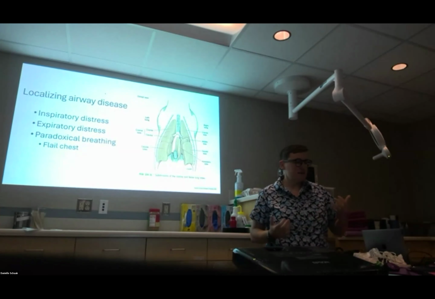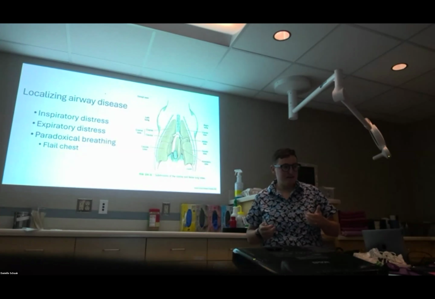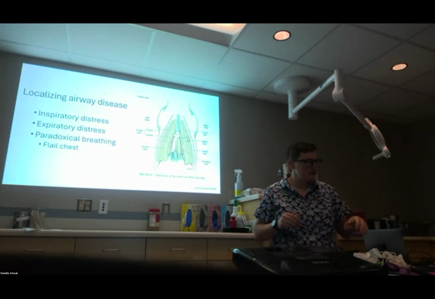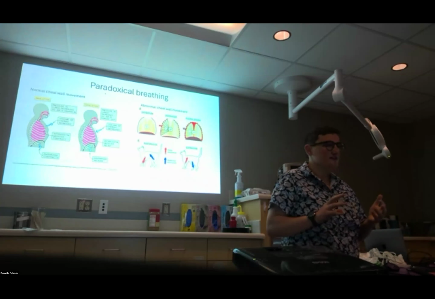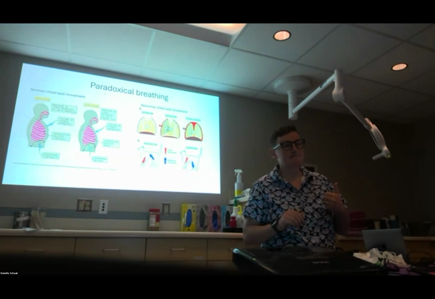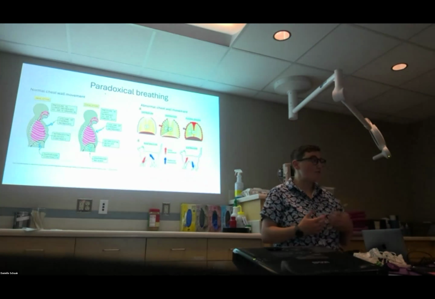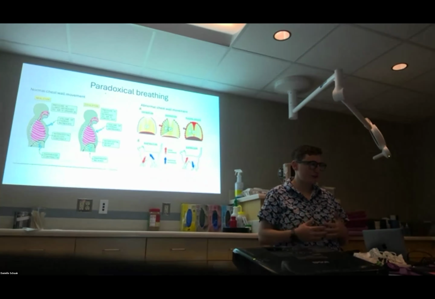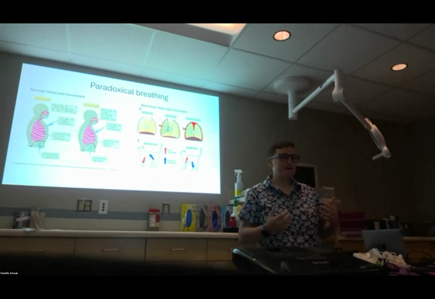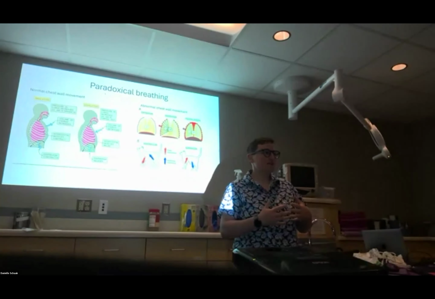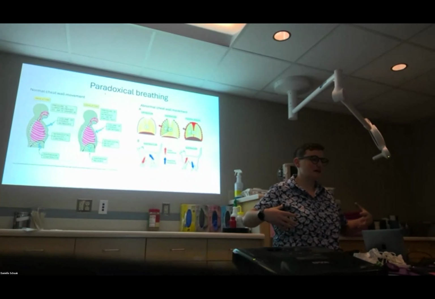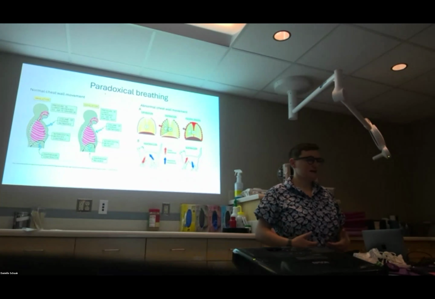And then there are these really interesting cases of paradoxical breathing, and there's paradoxical breathing and there's flail chest. This has a lot to do with the mechanics of breathing. In order to understand paradoxical breathing, normally when we breathe in, we're generating negative pressure by the movement of our musculature in our rib cage and diaphragm.